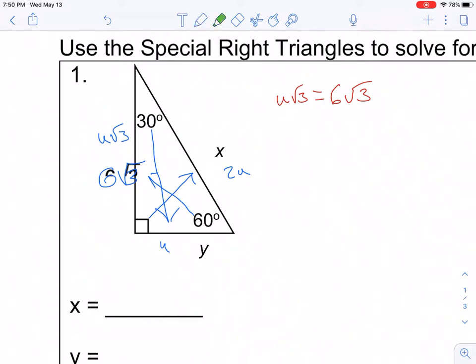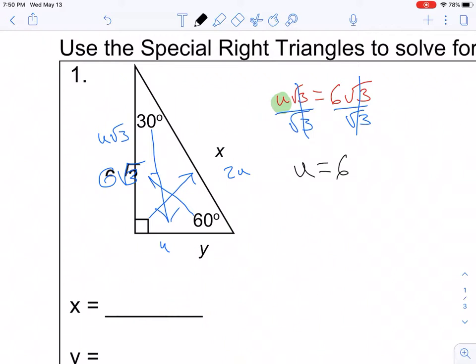And what we're doing from here is working to get u by itself. Right now it's multiplying with rad 3. So we are going to divide rad 3 from both sides. Those cancel, and u equals 6. We can now use that information to apply it to our other two sides.